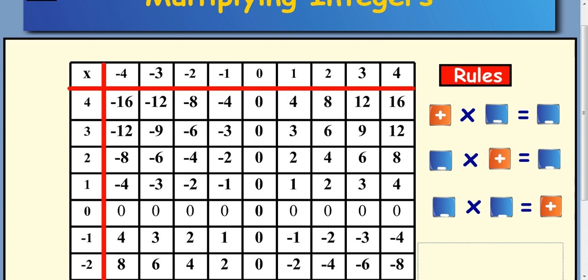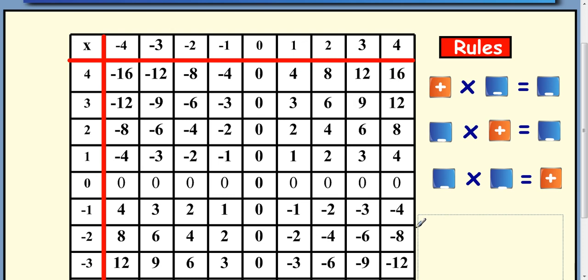Now, this is where you get positive numbers, when you multiply negative numbers by negative numbers. So if you look at negative 2, for example, and we multiply it by negative 3, if you draw a line down, you see you get to 6 across. So negative 2 times negative 3 is plus 6.